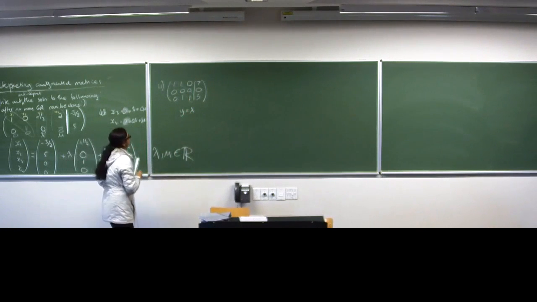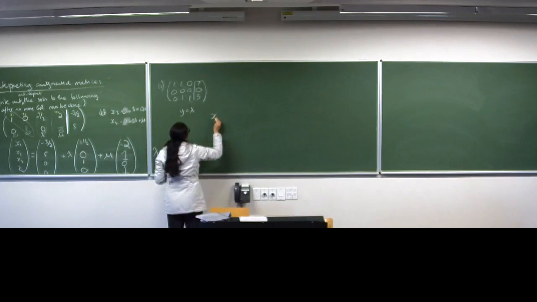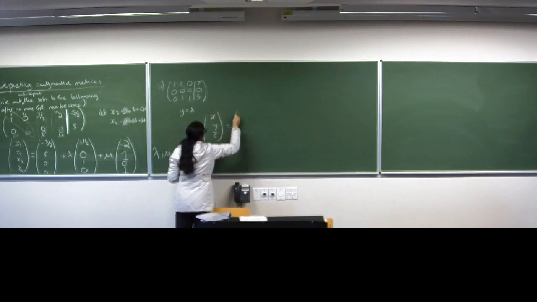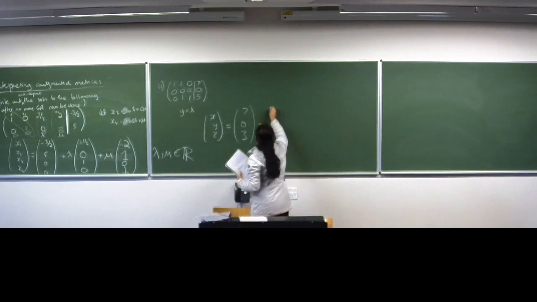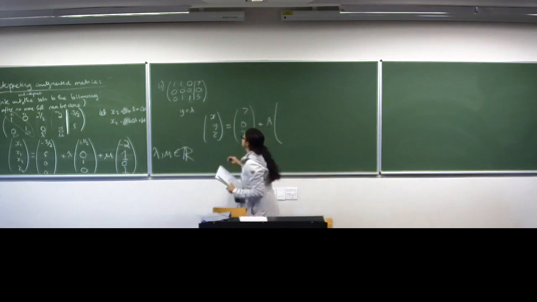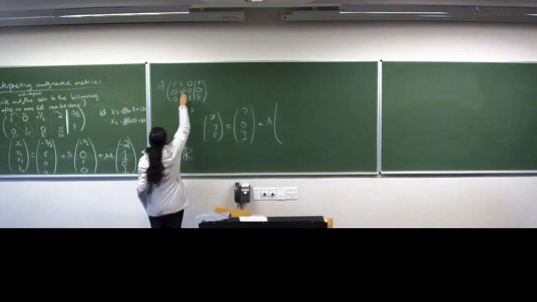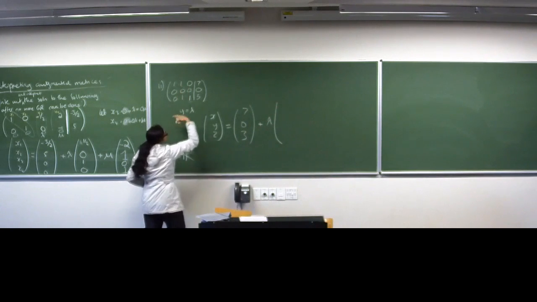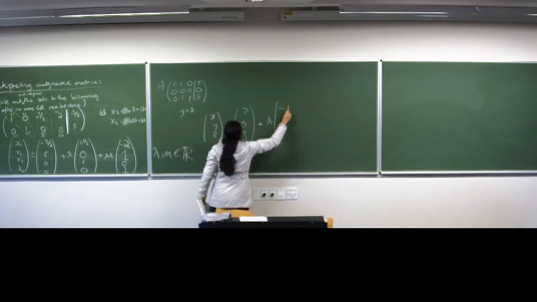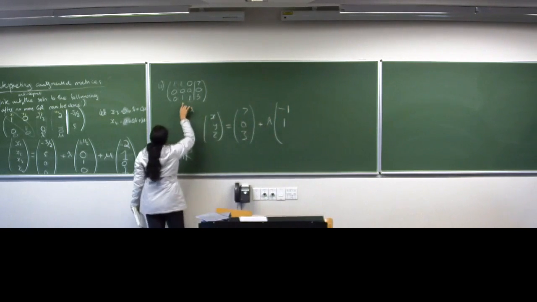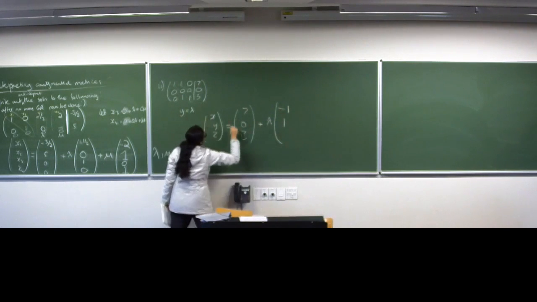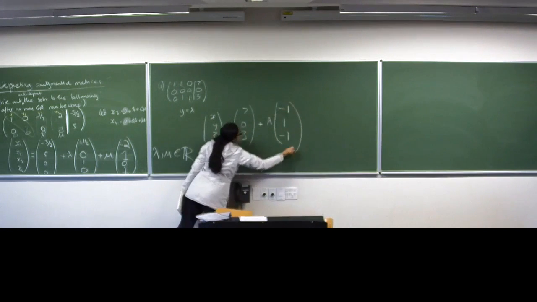So here we've got x, y, z equal to 7, 0, 3 plus lambda. This was the lambda column, so this is minus 1, 1, and minus 1.